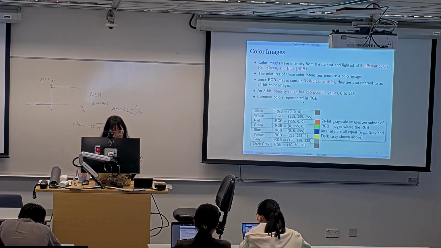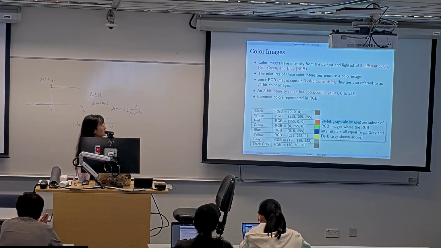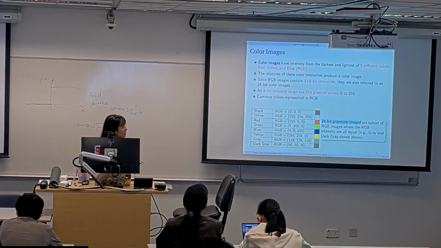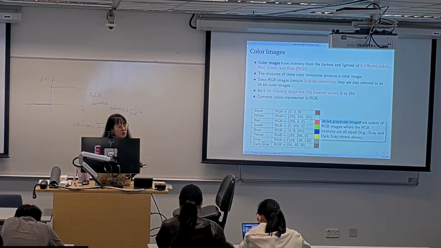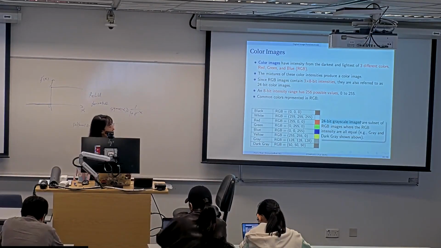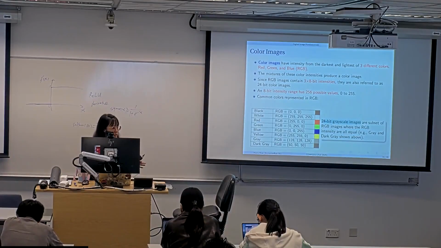There is a special type of 24-bit image called 24-bit grayscale images. They are a subset of RGB images where the RGB intensities are all equal. If you find that all 3 values are equal, then they are called 24-bit grayscale images.